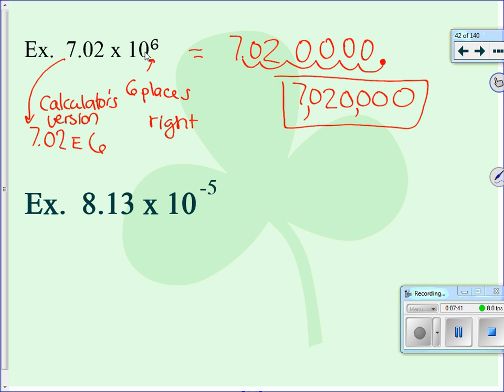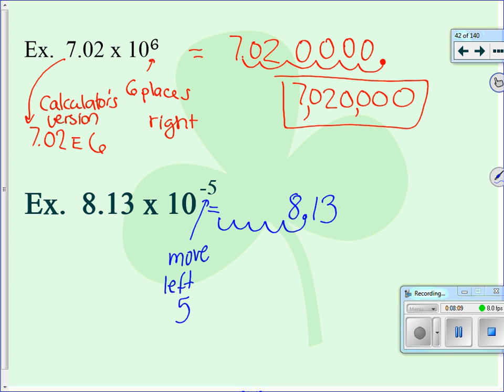So for this one, the 5 is negative, so you're going to move left 5 digits. So I'm going to write down the 8.13, and now I'm going to move the decimal left 5. So 1, 2, 3, 4, 5.